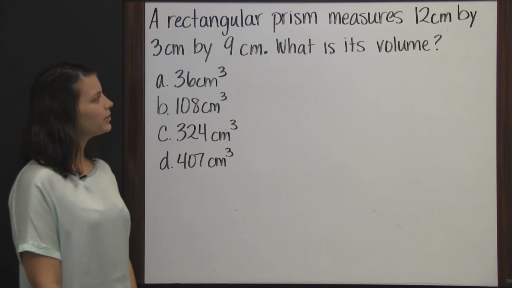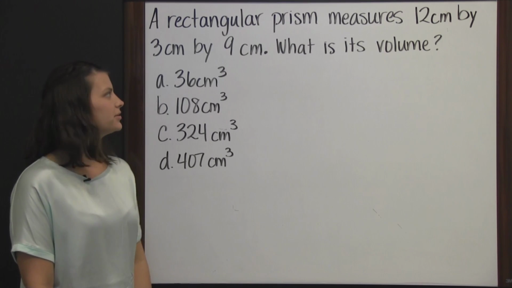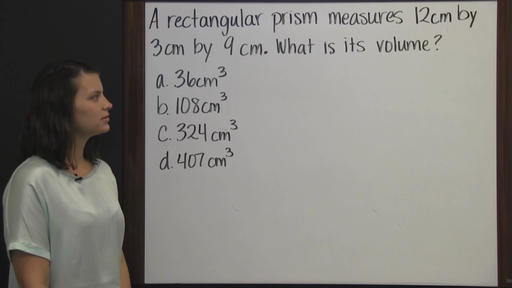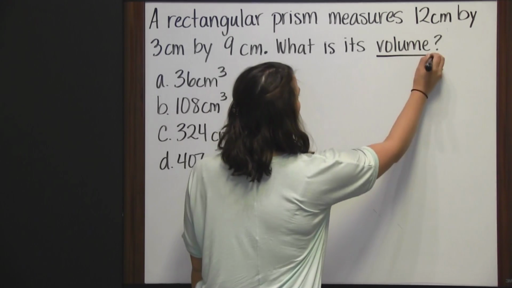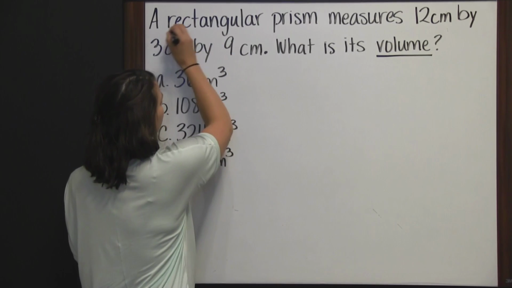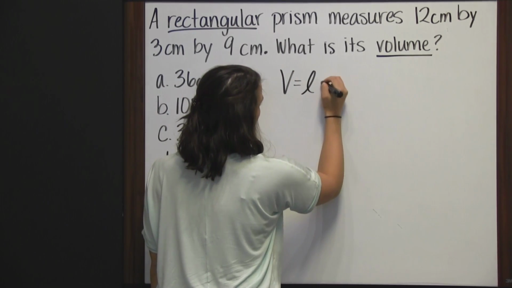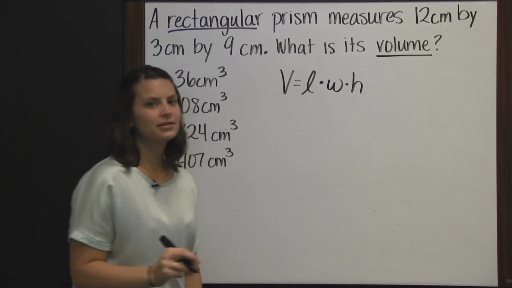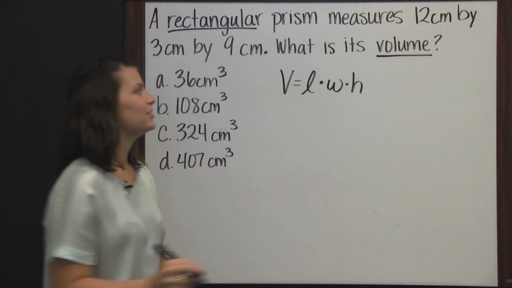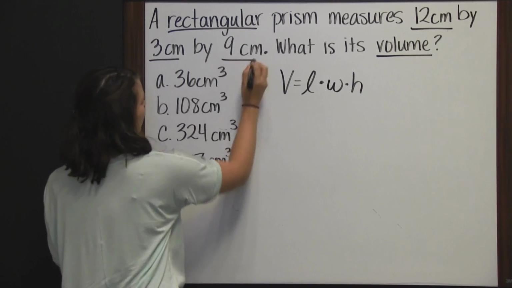A rectangular prism measures 12 centimeters by 3 centimeters by 9 centimeters. What is its volume? The formula for volume for a rectangular prism is volume equals length times width times height. And we were given those dimensions, length, width, and height.